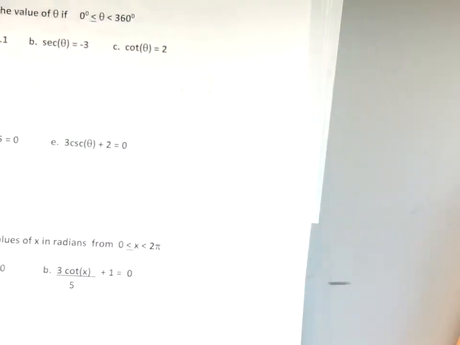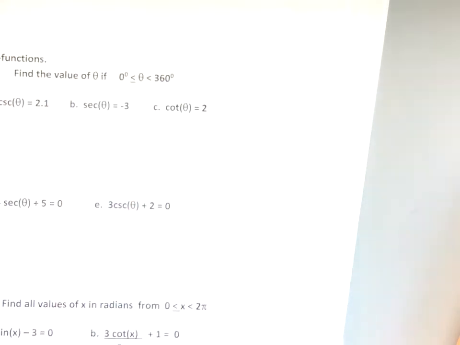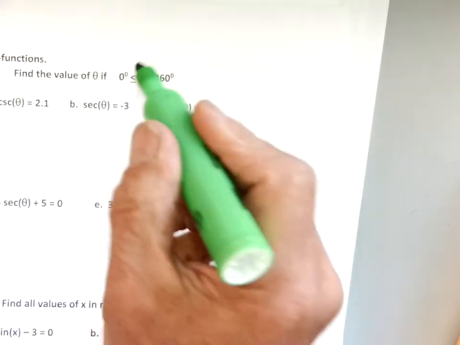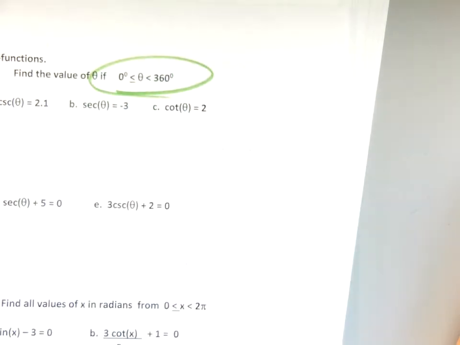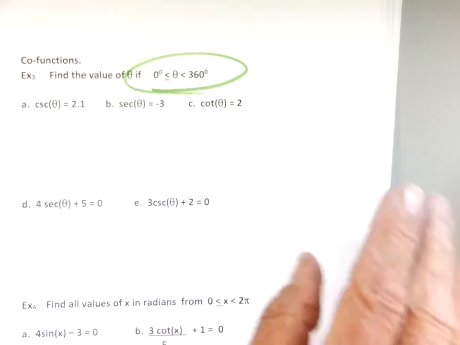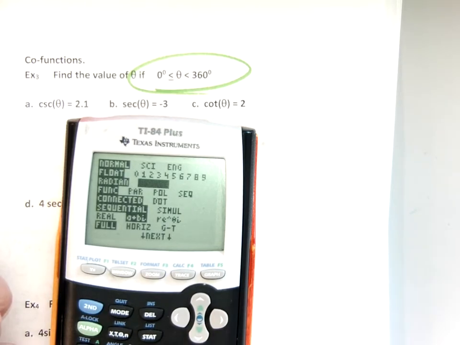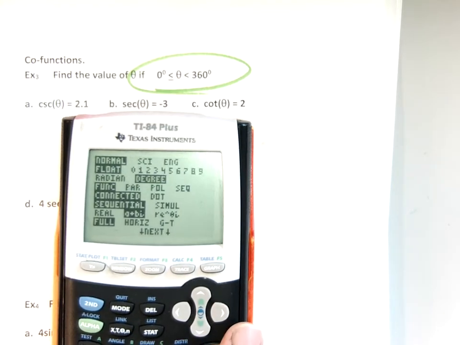Now, all right, first thing I do before I do anything, what am I going to do? Change your mode, right? First thing I do is change my mode on my calculator. Let's go mode. Let's change my mode to degree. There you go. All right.